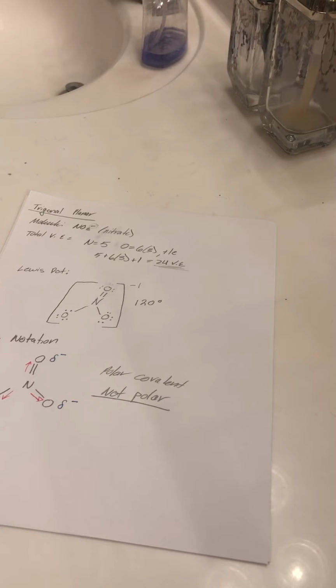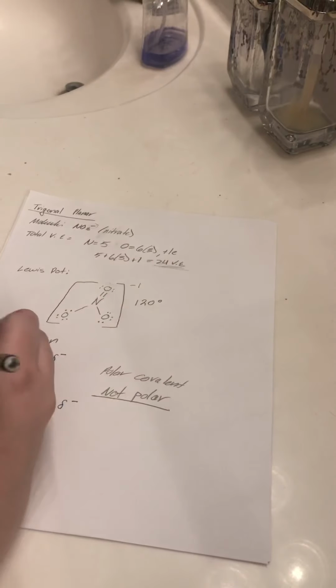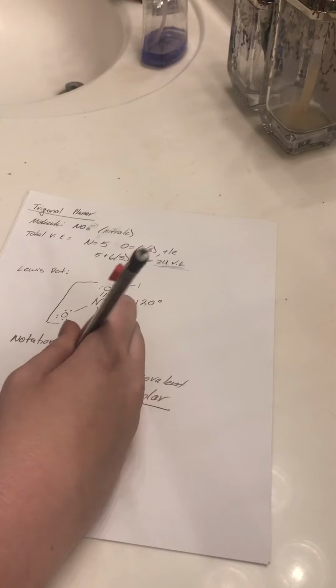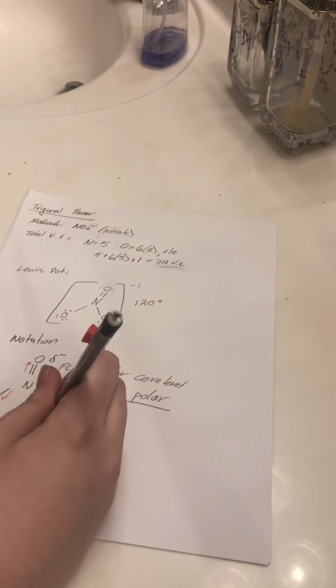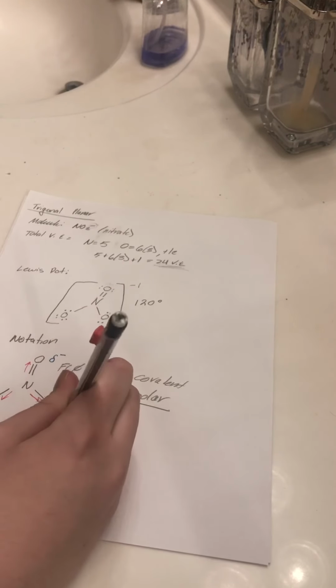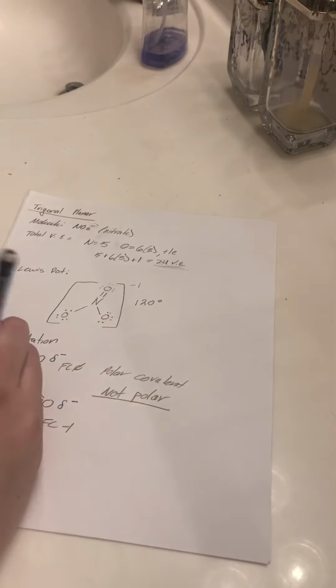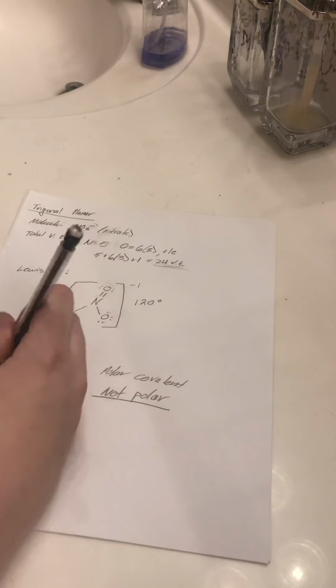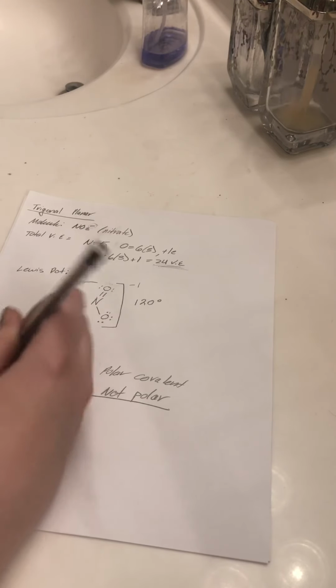And then for the formal charges, like our last problem, we're going to be subtracting the valence electrons from the actual valence electrons. So what we're going to end up getting is a formal charge of 0, formal charge of -1, formal charge -1, formal charge of 1.